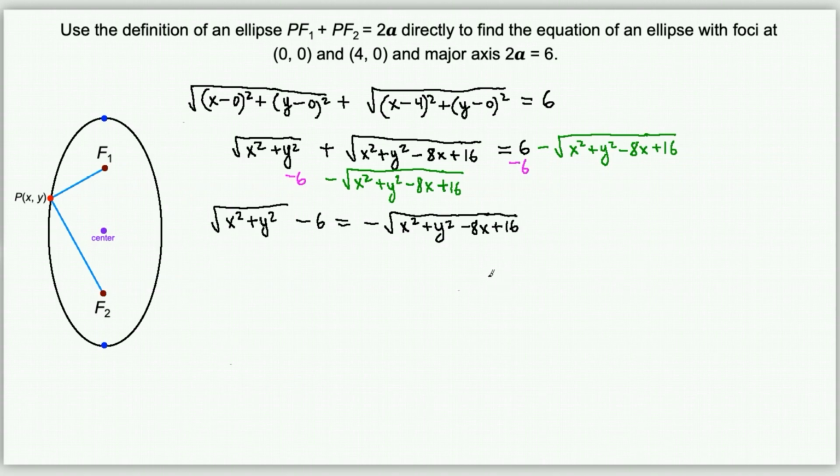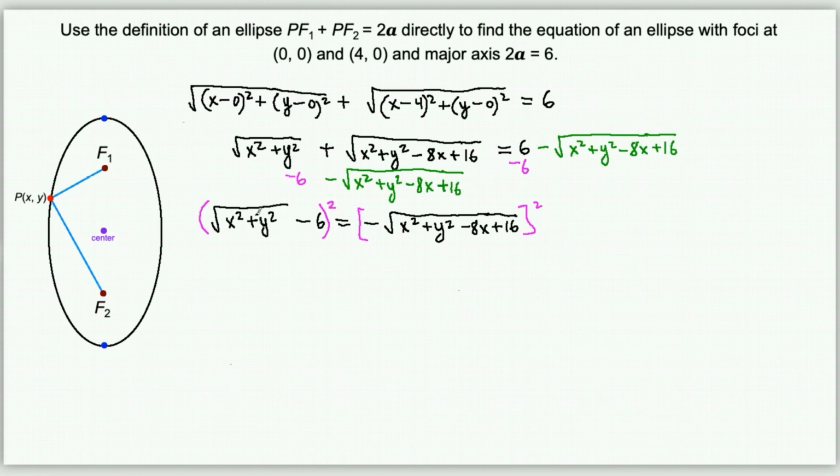Okay, so now we're ready to square both sides. If you square both sides, keep in mind that you have to treat this part as two terms, right? Because this part has two terms, so that means you're going to use the FOIL method, right?